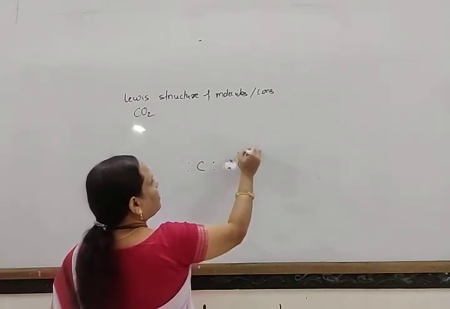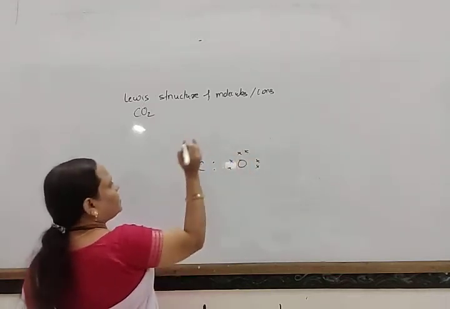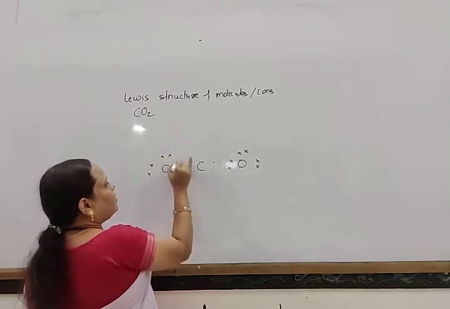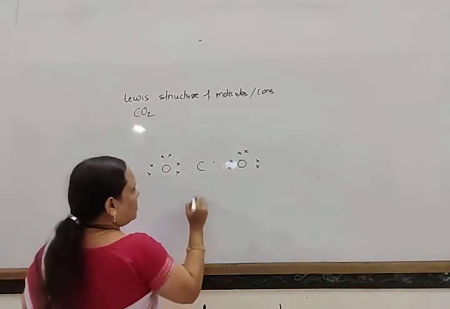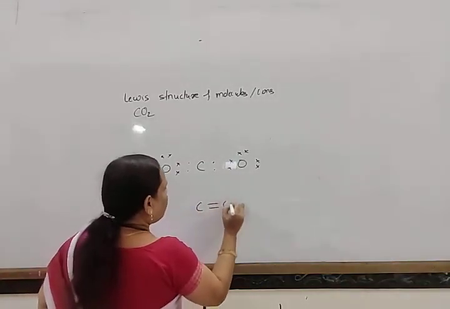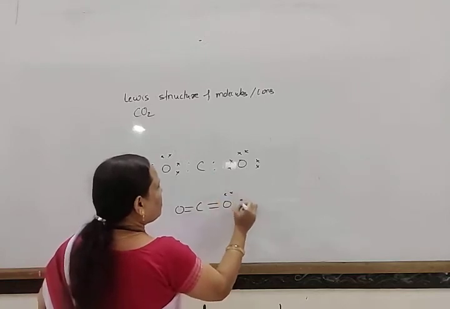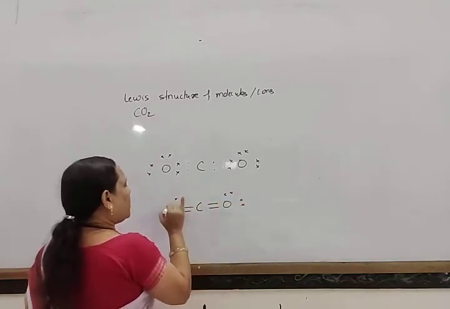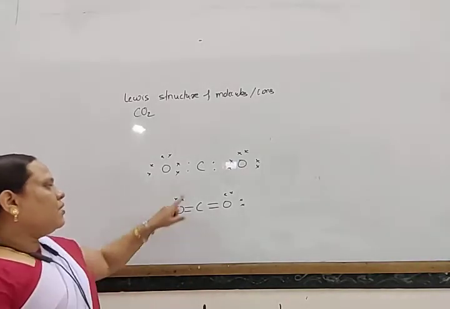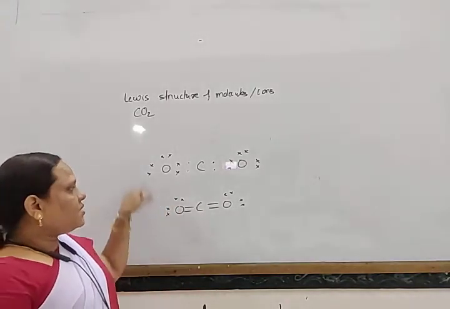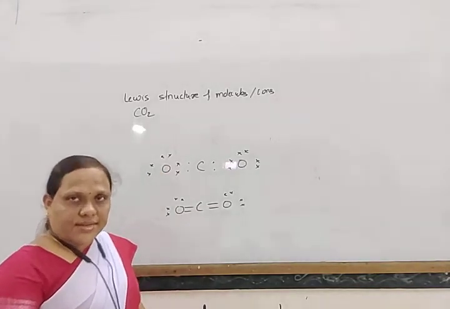Oxygen: 1, 2, 3, 4, 5, 6. And another oxygen: 1, 2, 3, 4, 5, 6. In this way, C double bond O, double bond O. And each oxygen now has 2 unshared pairs of electrons. This is the structure of carbon dioxide.